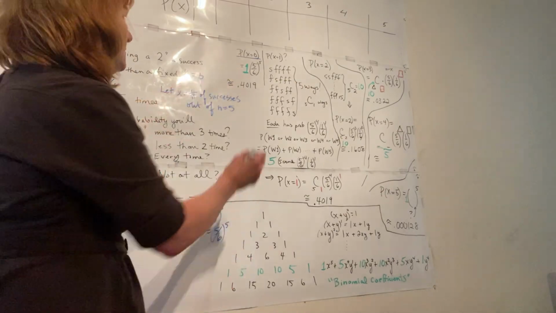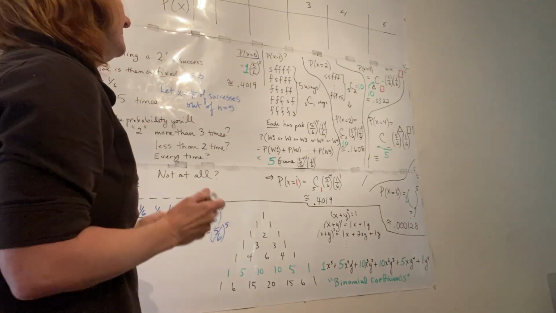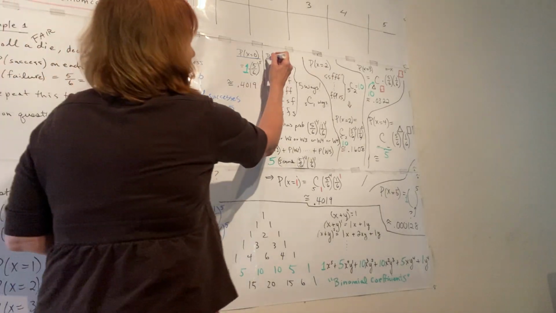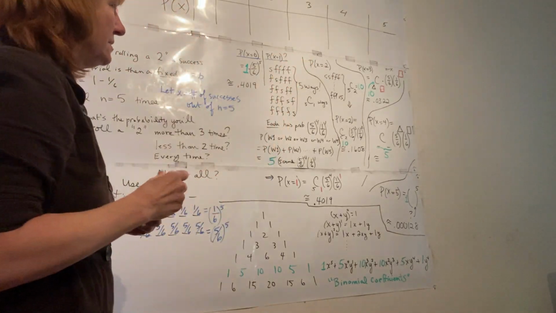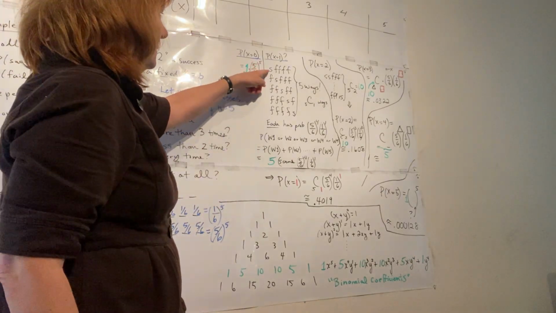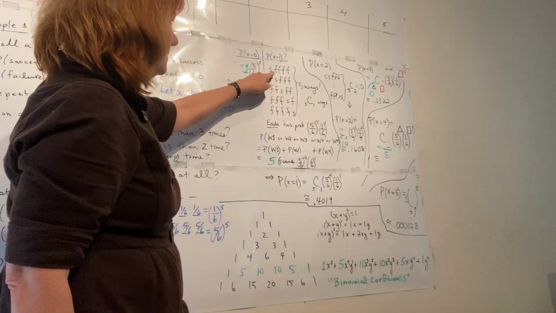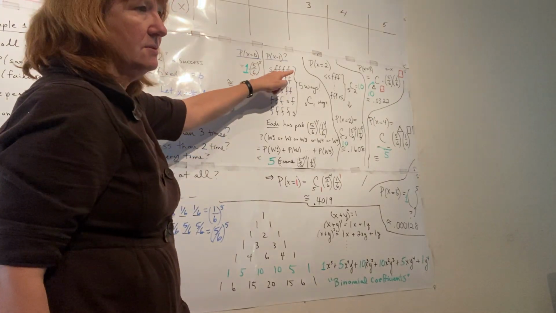Why am I bothering to write down that I'm multiplying by 1? Well, you'll see why in the next question. If somebody's asking what's the probability that you rolled a 2 once out of 5 times, well, maybe on the first roll you had a success, you rolled a 2, and the other 4 were failures.